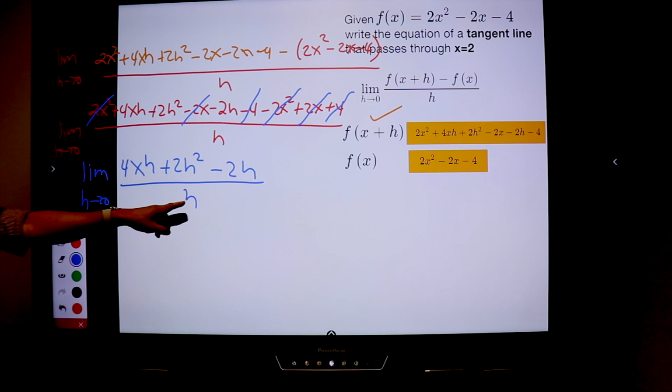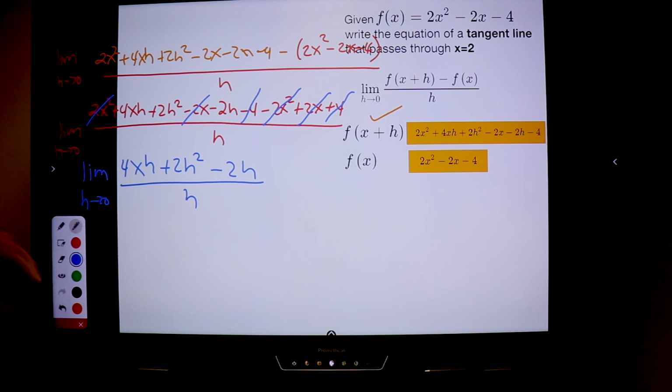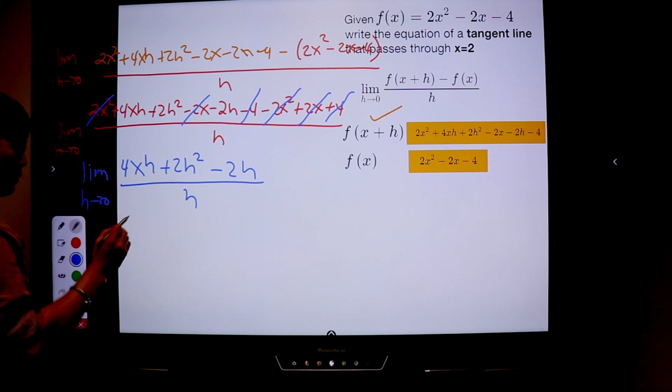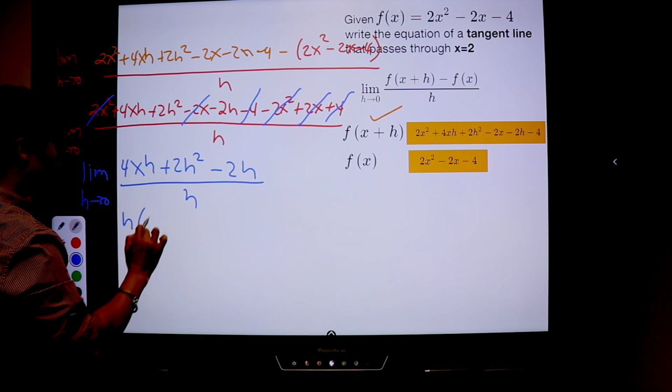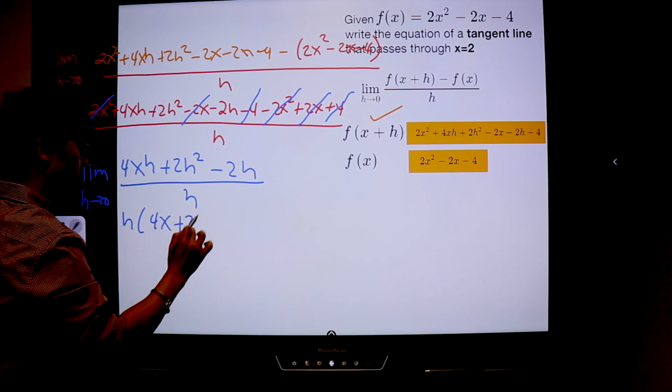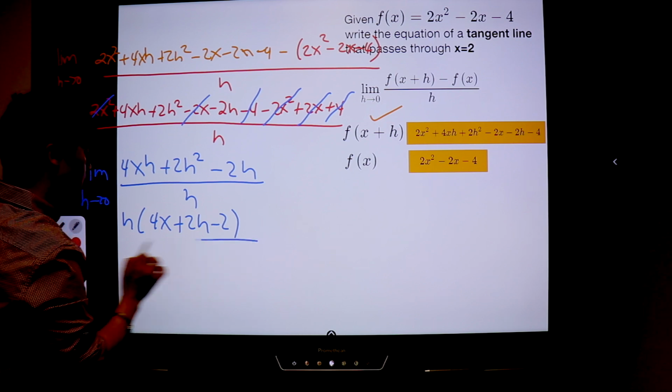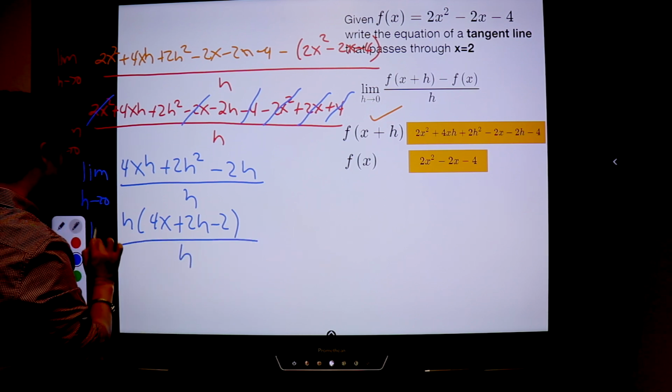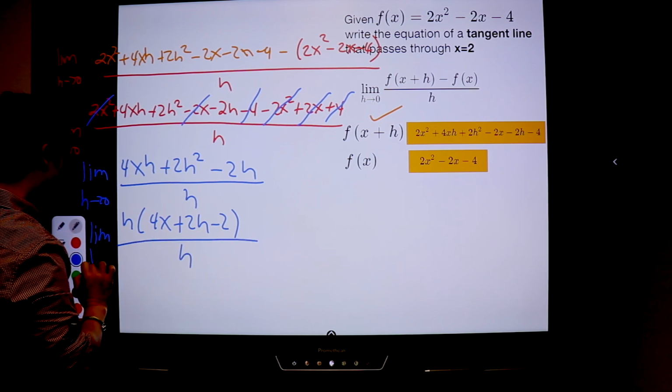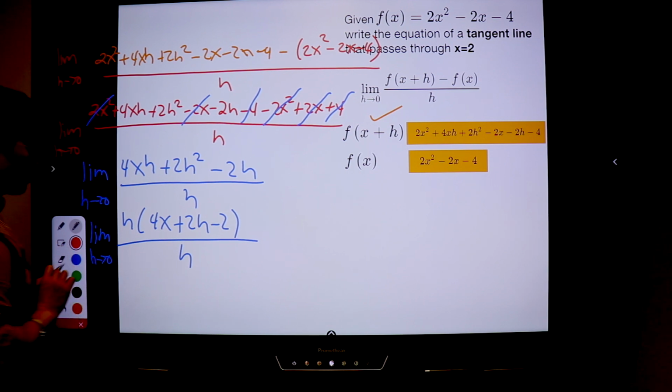This is going to be undefined. Is there anything else we can do to simplify the fraction so we can get rid of the h at the bottom? Factor out the h, and this will become h times 4x plus 2h minus 2 all over h as the limit of this approaches h equal to 0. And what will happen to that?